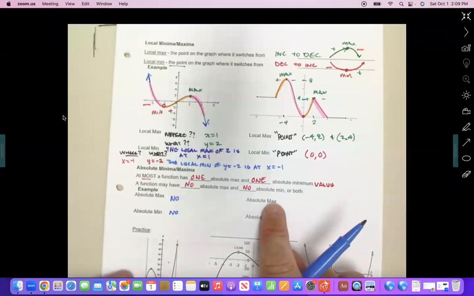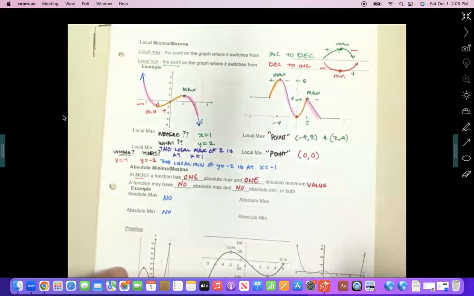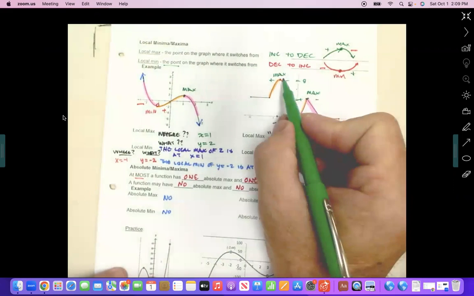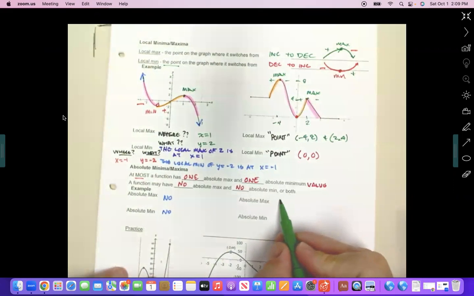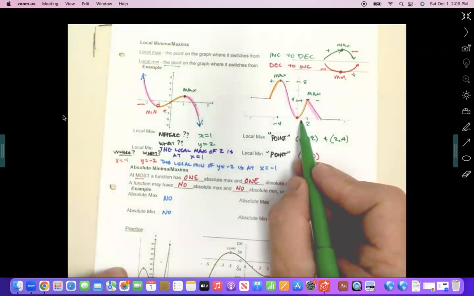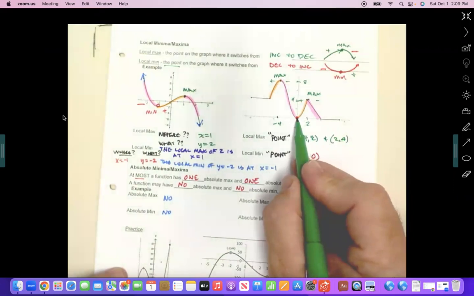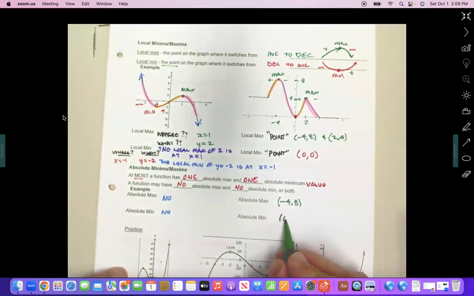The next one, in this case, our absolute max is right here. That's the highest point on this curve, and that occurs at the point -4, 8. Our absolute minimum value is 0, and that occurs right here at this minimum at the origin of 0, 0.